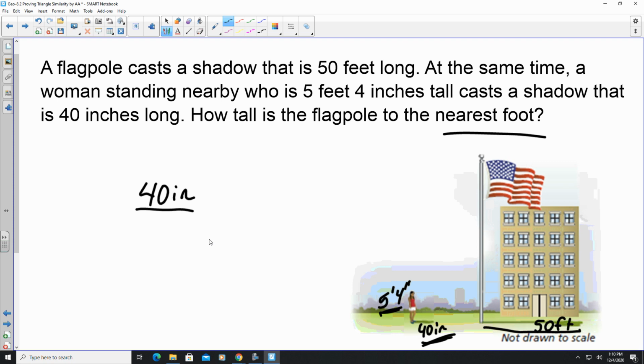If I were to convert that, that would be 600 inches, because if you took 50 and multiplied it by 12, it's going to be equal to, on the top, the woman's height, which is 5'4", and in inches that would be 64 inches, and then it's going to be divided by the flagpole height, which I don't know, and I'm going to call that x.